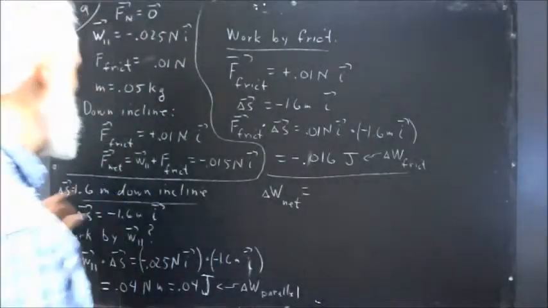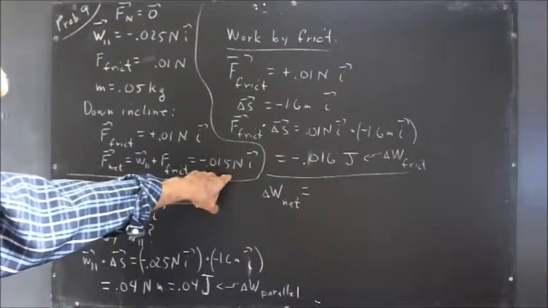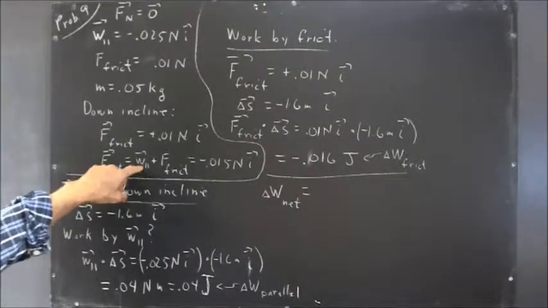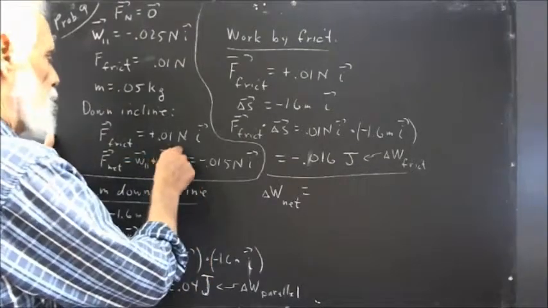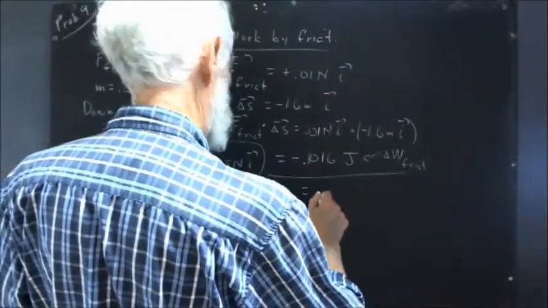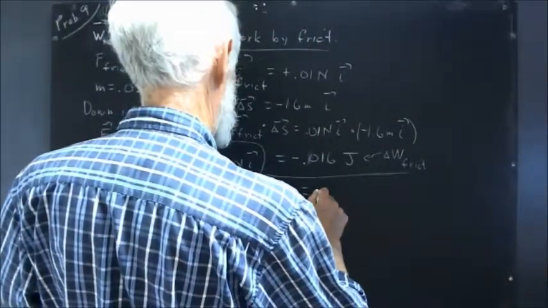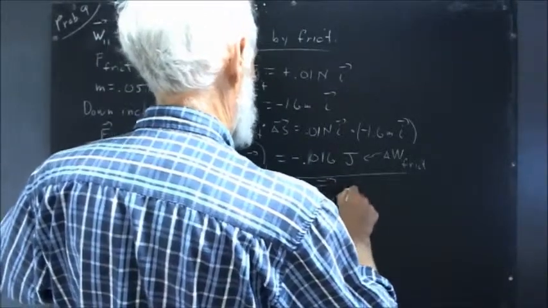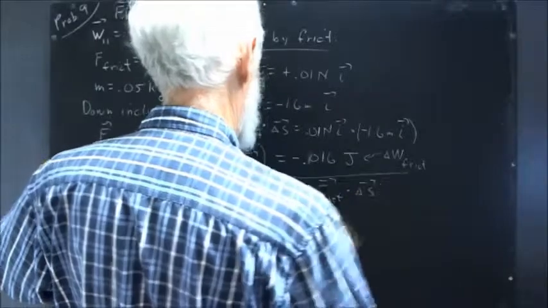equals what? Well, the net force is negative 0.015 newtons times i, just obtained by adding the parallel component of the weight to the frictional force, that's a vector. Okay, so we get delta W net equals what? It's going to be F net dot delta s.